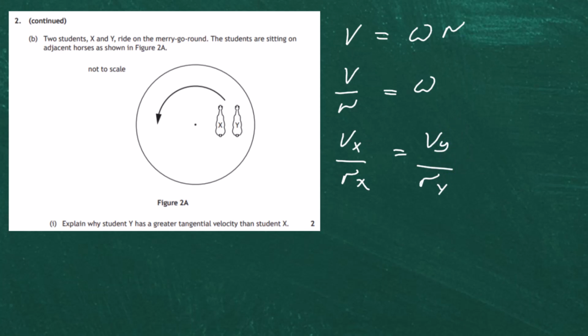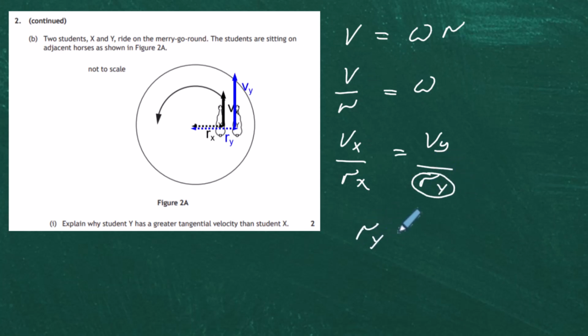You can picture it like this. There's x, there's the radius from it, and that's x's tangential velocity, Vx. Now, because the radius of y is bigger, to keep the same ratio, Vy must be bigger.